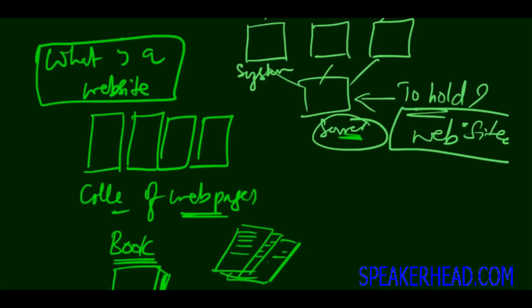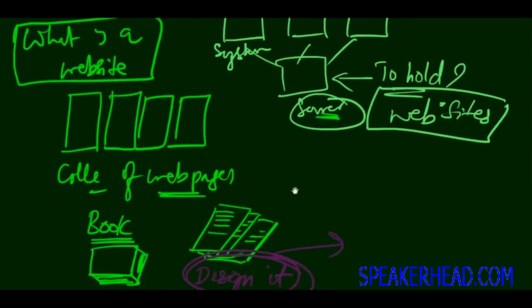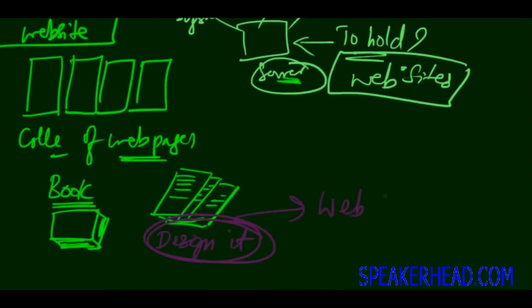Just like a book, someone has to design it. This is where the web designer comes in. Just like in the previous video on graphic designing, this has two components: one is design, one is web.